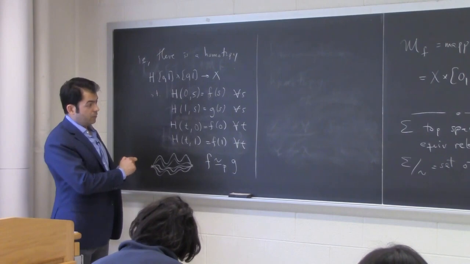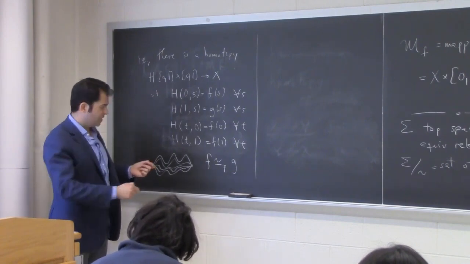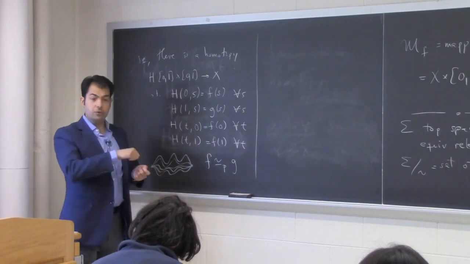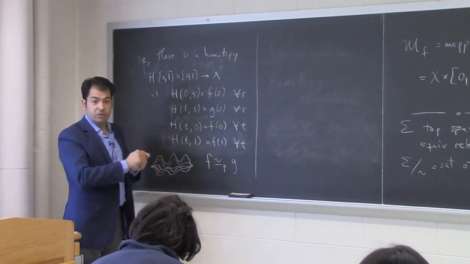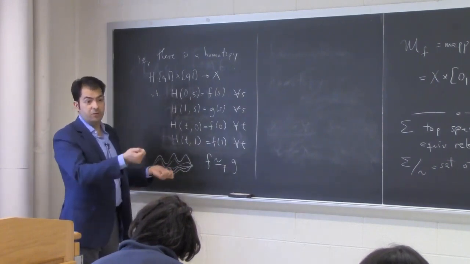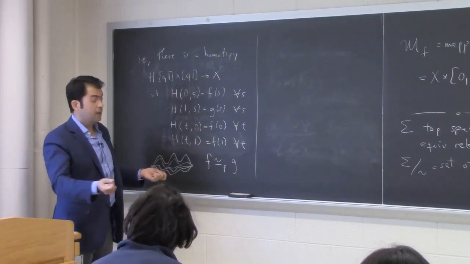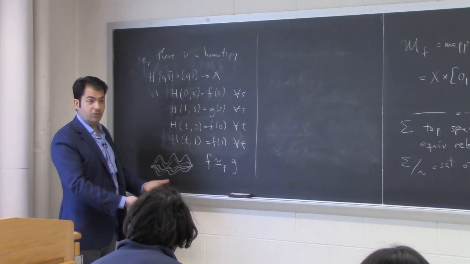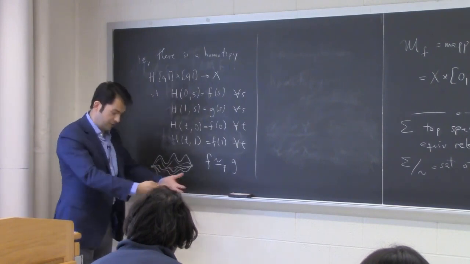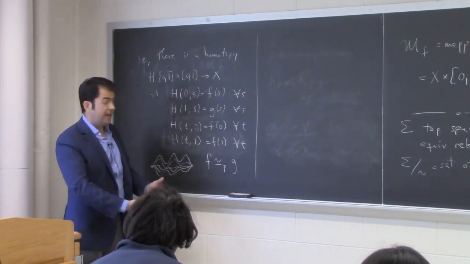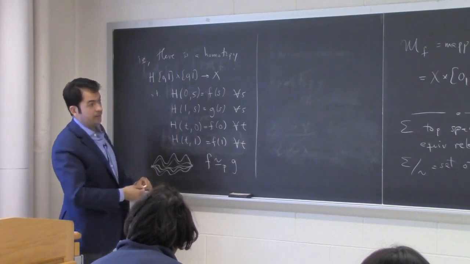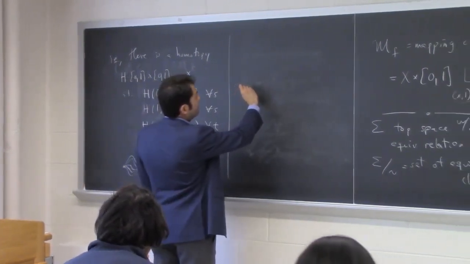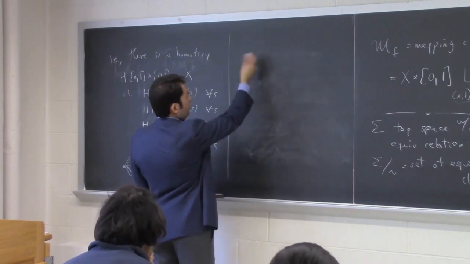Remember, reparameterization is just changing the way you go over the interval. Maybe you decide to go very quickly from 0 to 1/2 and then very slowly from 1/2 to 1, but you're tracing out the same path. We don't want that to count as something different if we're just trying to figure out if there are holes in our space, and path homotopy does that for us. So let's write that down.